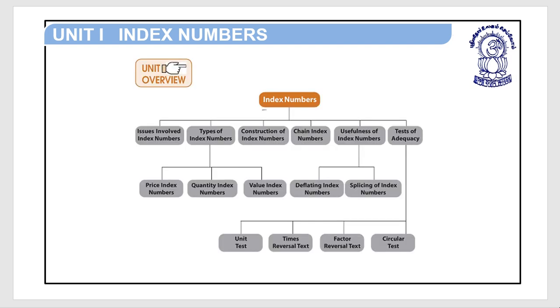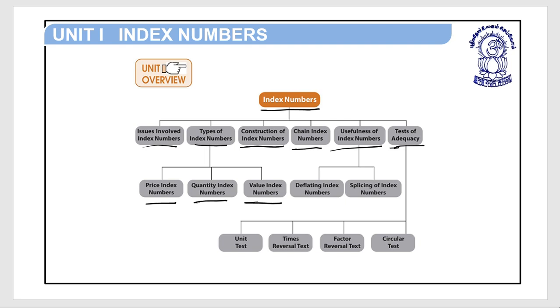Now, unit overview. Index numbers. The issues involved in index numbers, types of index numbers, construction of index numbers, chain index numbers, usefulness of index numbers, test of adequacy. There are three types of index number: price index number, quantity index number, value index number.